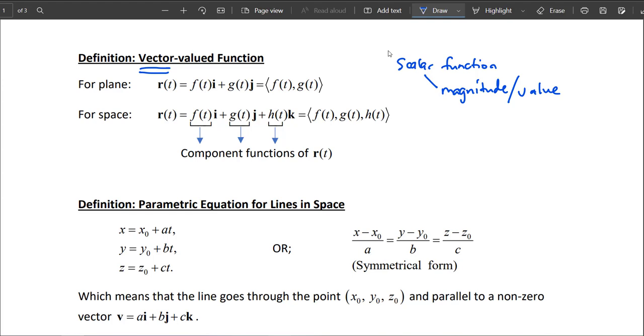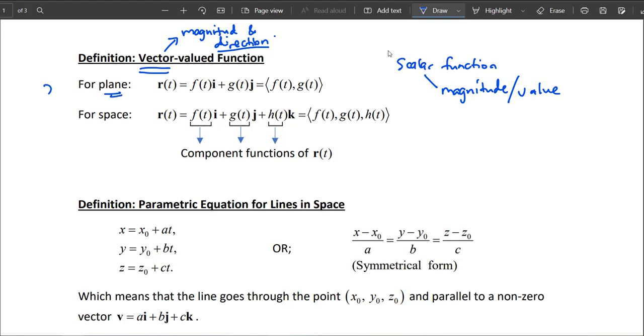For vector value function, in a vector we have magnitude and also direction. So with direction we call it vector. Let's look at the general form of vector value function for plane.